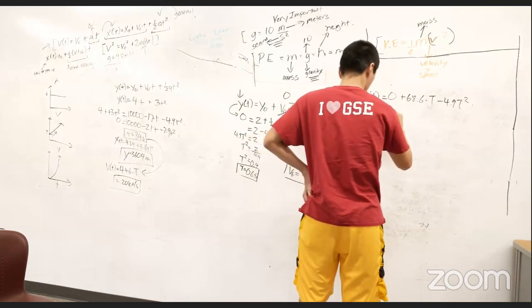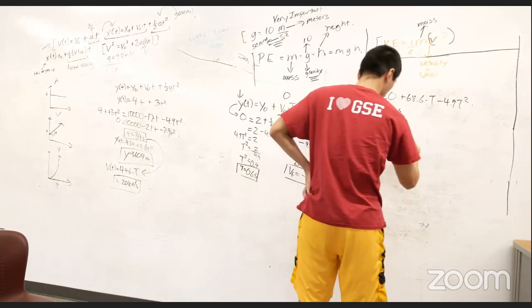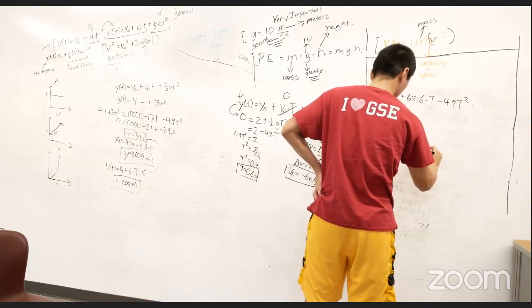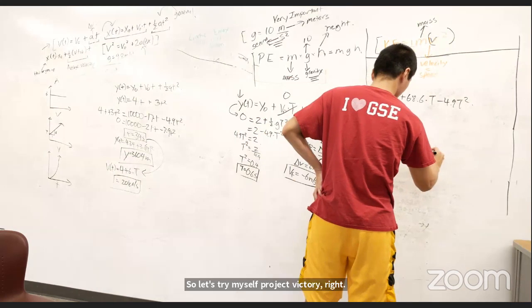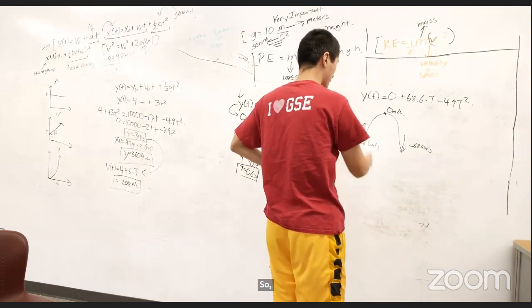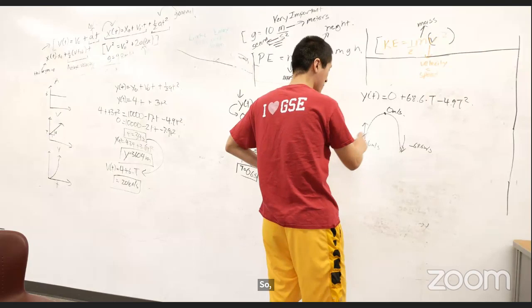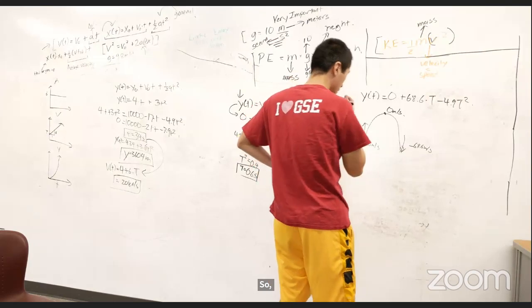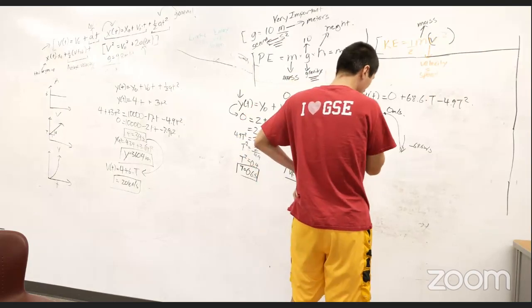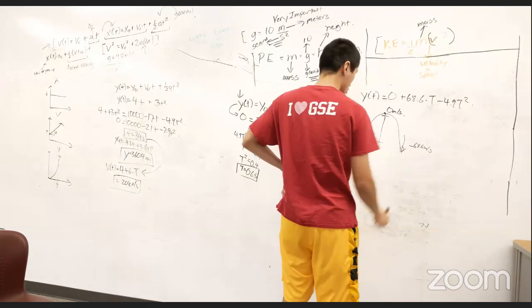At the top here, it's traveling at 0 meters per second. And at the bottom here, it's going to be traveling negative 68.6 meters per second. It takes the same amount of time to go up as it does to come down. So the easiest way, I think, is to figure out how much time it takes for the missile to start at 68.6 and end at 0.